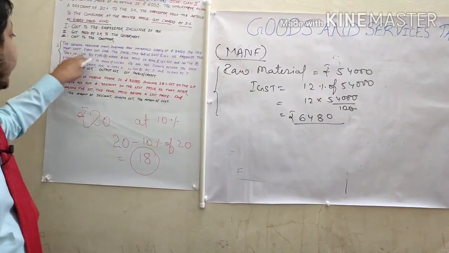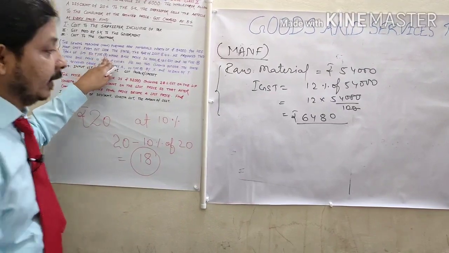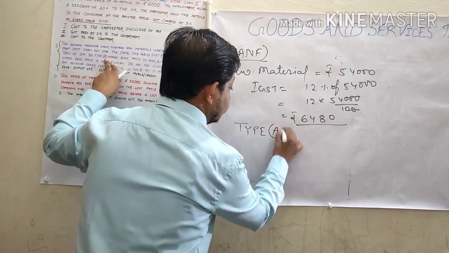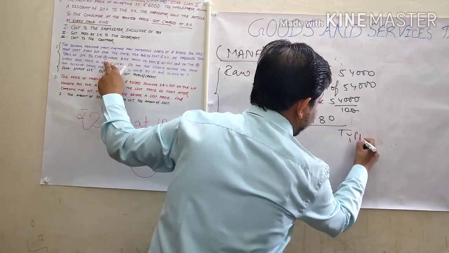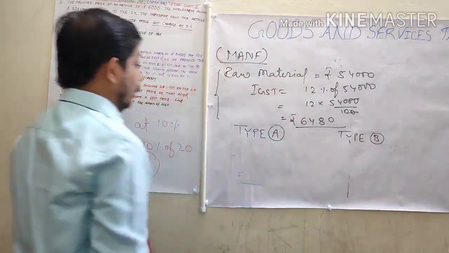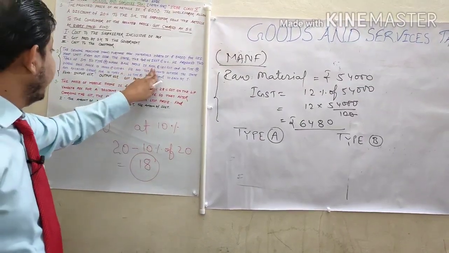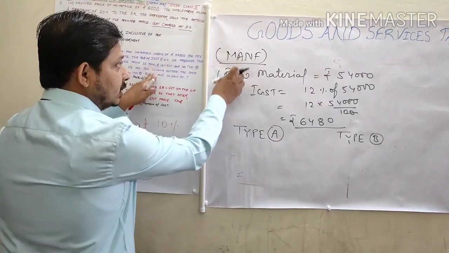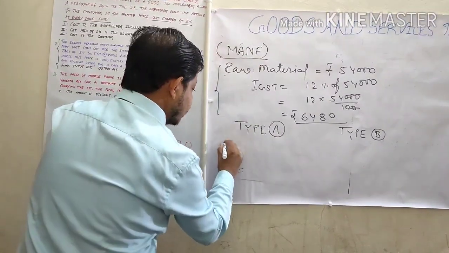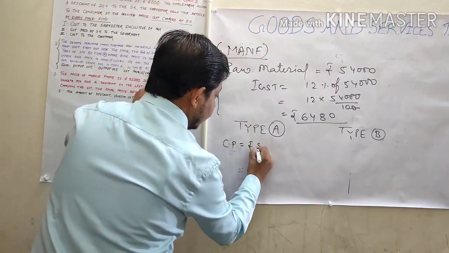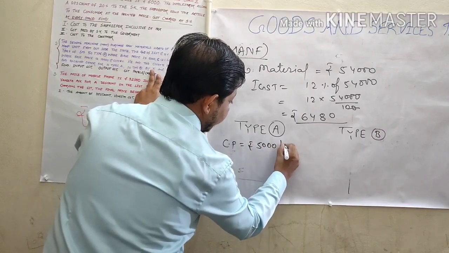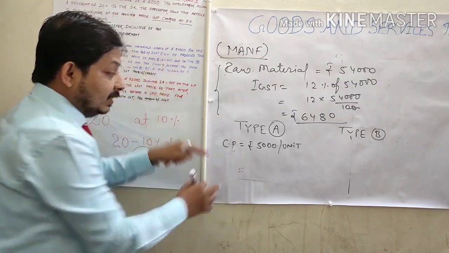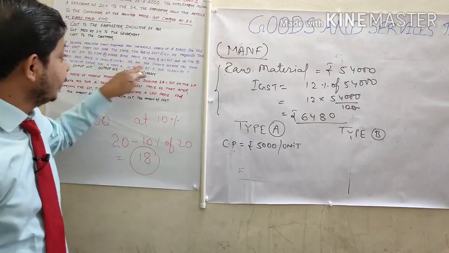He produced two types of sewing machine. Type A, frame the question. Type B, frame the question. Type A's base price, the cost price and the selling price for the manufacturer is rupees 5,000 per unit. And see the beauty of mathematics, different GST.